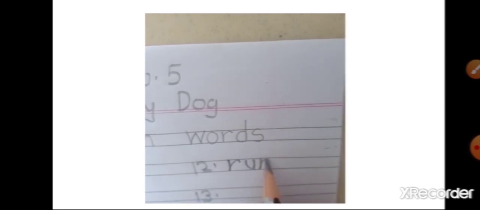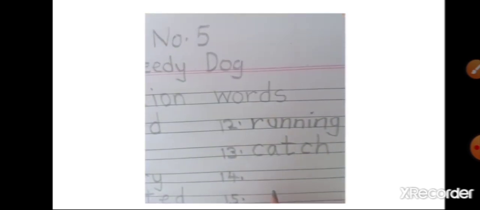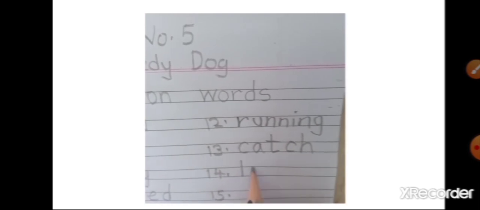Okay, now let's start with the 12th word, that is running. R-U-N-N-I-N-G, running. 13th word is catch. C-A-T-C-H, catch. 14th word is looked.